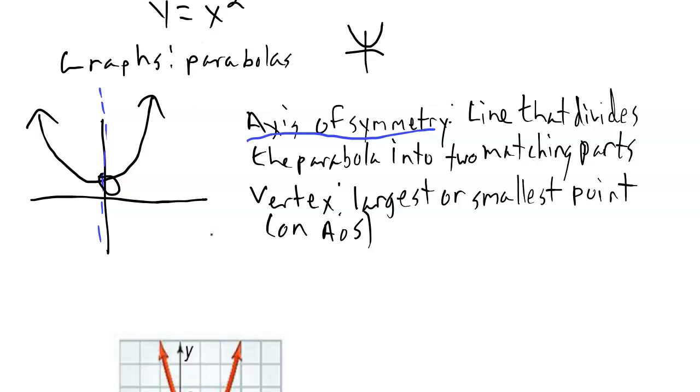We had two more special bits. We had something we called a domain. Your domain was all x values, all inputs, the graph can take.